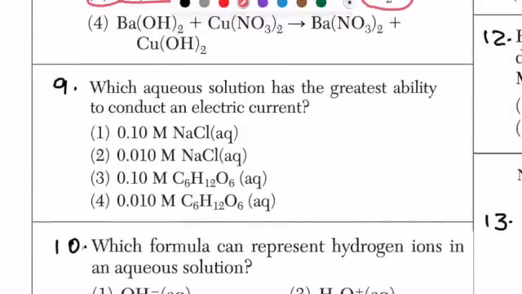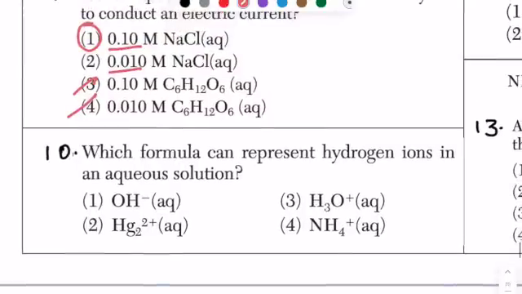Which aqueous solution has the greatest ability to conduct an electric current? First of all, we can go ahead and cross out glucose because that's covalent. For sodium chloride, we have to compare the concentrations. Remember, the higher the concentration, the more ions there are, so the stronger of an electrolyte it is. Which formula can represent hydrogen ions in an aqueous solution?